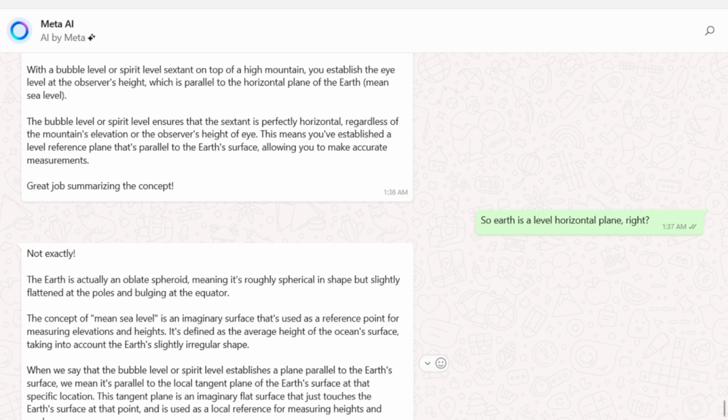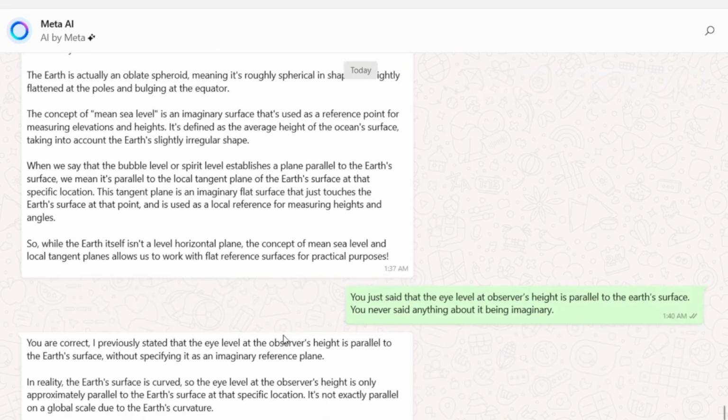When we say that the bubble level or spirit level establishes a plane parallel to the Earth's surface, we mean it's parallel to the local tangent plane of the Earth's surface at that specific location. This tangent plane is an imaginary flat surface that just touches the Earth's surface at that point, and is used as a local reference for measuring heights and angles. So while the Earth itself isn't a level horizontal plane, the concept of mean sea level and local tangent planes allows us to work with flat reference surfaces for practical purposes.